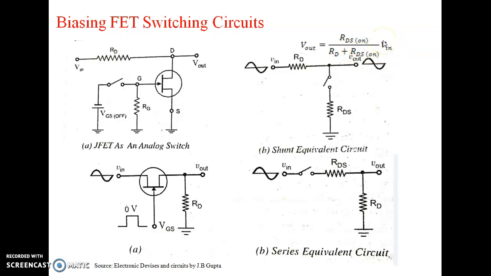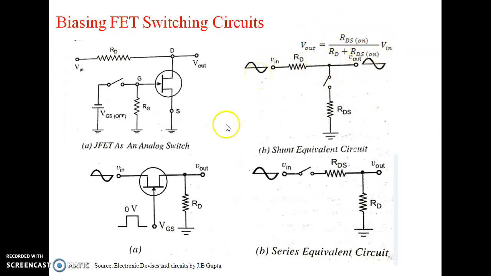Since RD is very large, obviously your Vout is almost equal to 0. When VGS is off, that is a negative voltage is applied here, the FET operates in the cutoff region and acts as a very high resistance, usually in the mega ohms. Hence the output voltage becomes nearly equal to the input voltage, that is, the output follows the input.